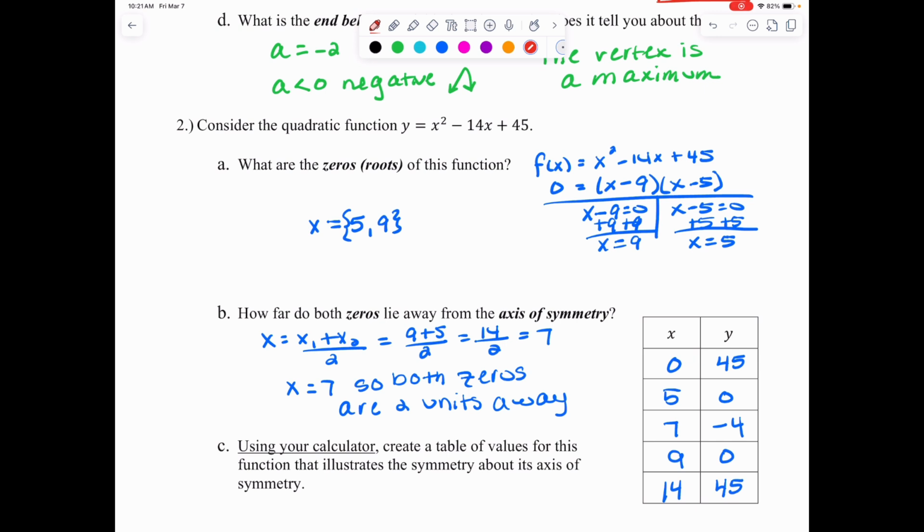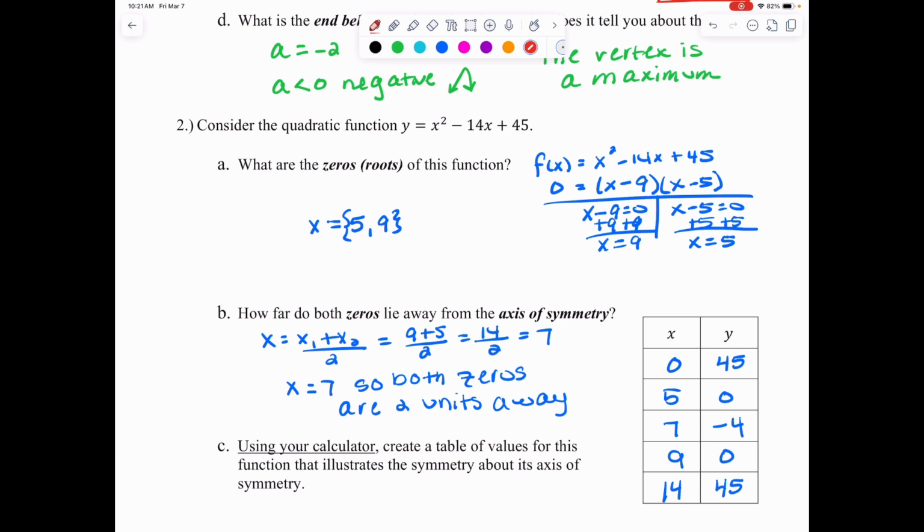So then how far do both zeros lie away from the axis of symmetry? Well, let's find where the axis of symmetry is. We don't know for this problem. So since we have the roots first, we can average those to find the axis of symmetry is x equals 7. So that means 5 is 2 away and 9 is 2 away. So they're both 2 units away from the axis of symmetry, which makes sense because it should be symmetrical.